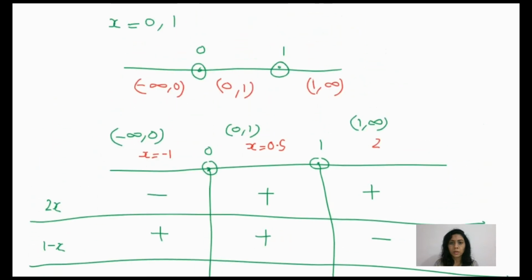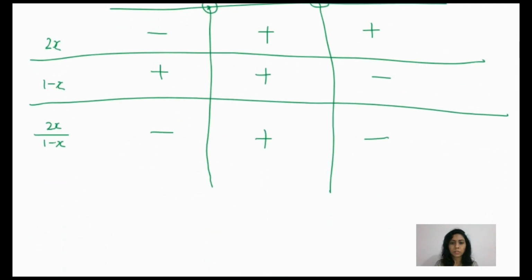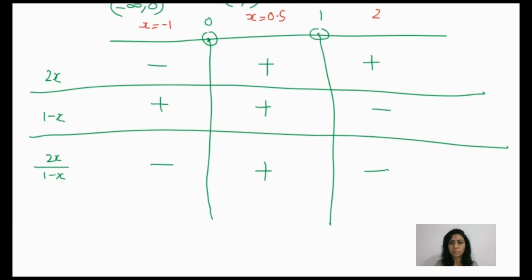Okay. Now our question was this one, greater than or equal to 0, right? It means this is positive. It means our answer is between this interval 0 to 1. Let's check 0 and 1, which to include, which not to include.